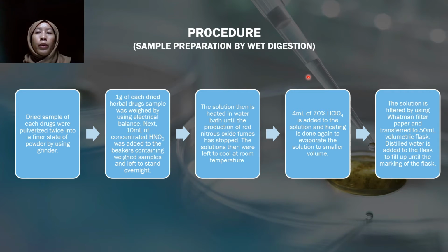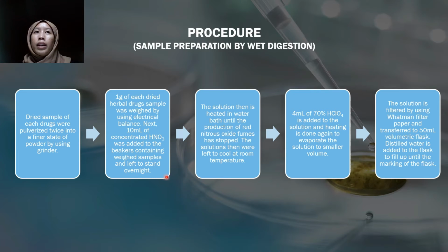First of all, we will prepare the sample by the wet digestion method. First, we take the dried sample of each drug, pulverize it twice, and turn it into a finer powder by using a grinder. Next, we weigh 1 gram of each dry sample powder by using the electrical balance.